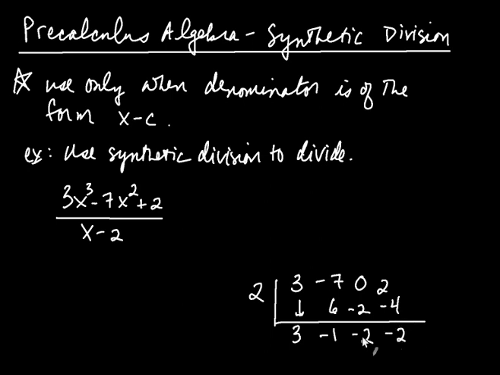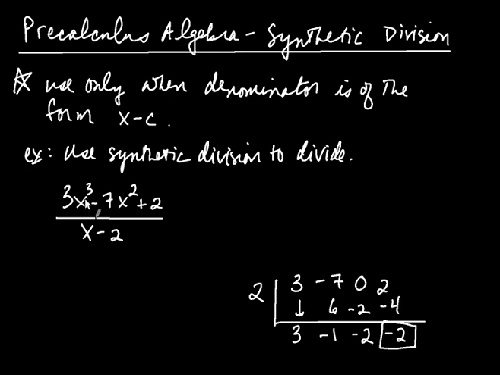Okay, so what's the meaning of all this? Well, it turns out the last number is the remainder. And the first numbers, 3, -1, -2, are coefficients of the quotient, and you get the leading degree of the quotient by subtracting 1 from the leading degree of the numerator.